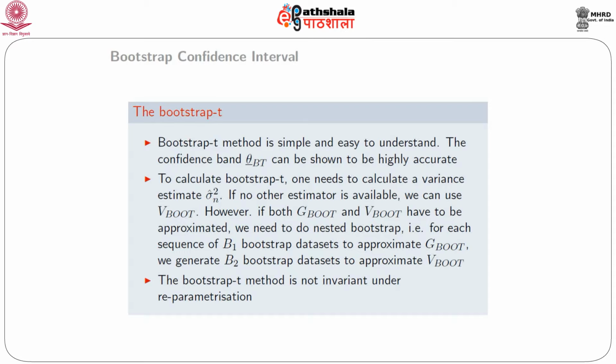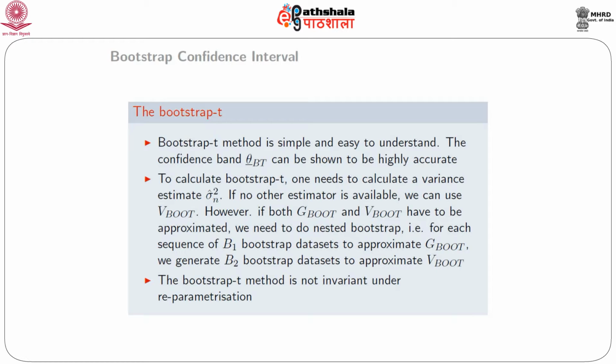The confidence bound theta under bar BT can be shown to be highly accurate. But there are disadvantages. The disadvantage is that we need a variance estimator sigma hat n squared. If no other estimator is available, then we can always use the bootstrap variance estimator V boot.